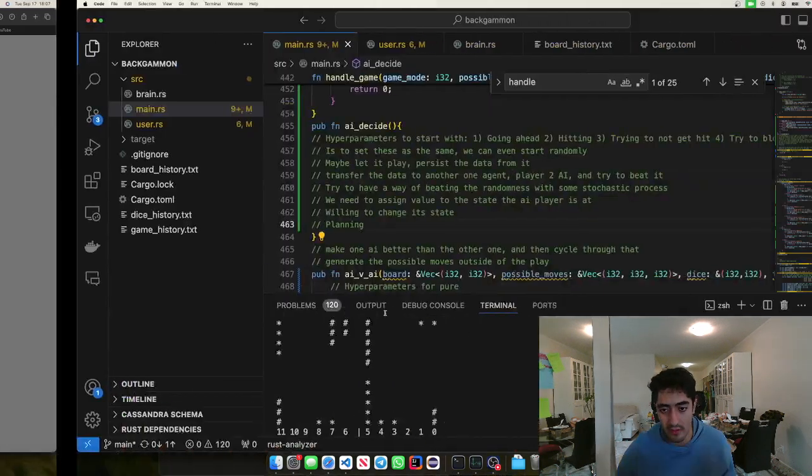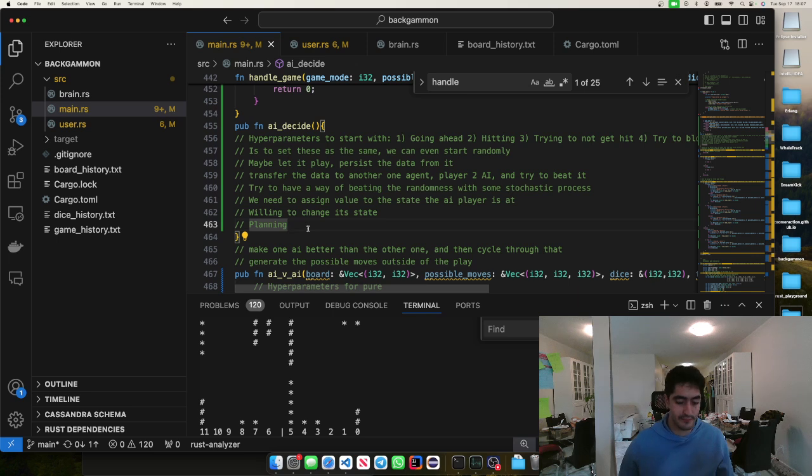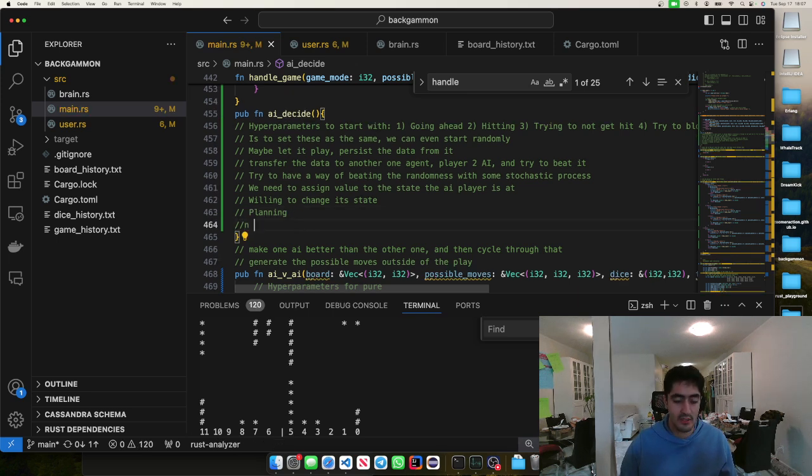Oh, let me add something here. The changing of rewards by time as time goes by.